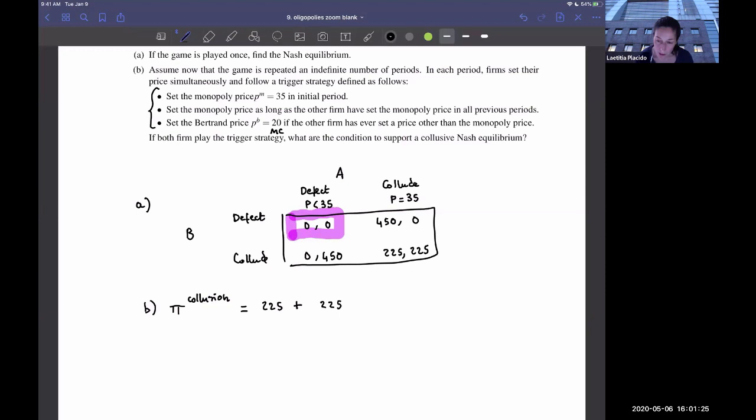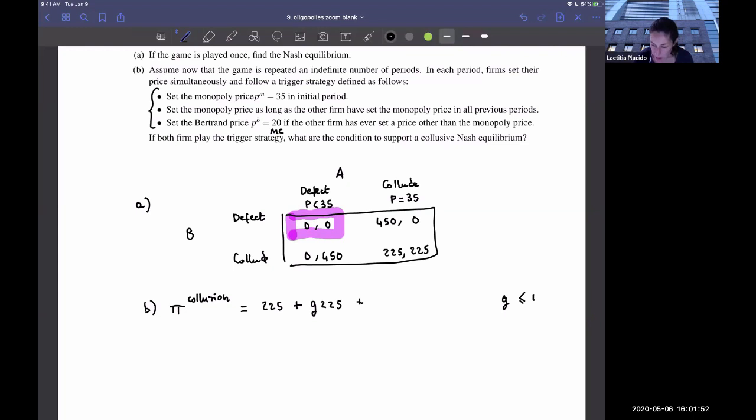However, I value the next period less than the current period, so I'm going to discount this amount by some value G, which is less than or equal to 1. I believe in your book it's called G.